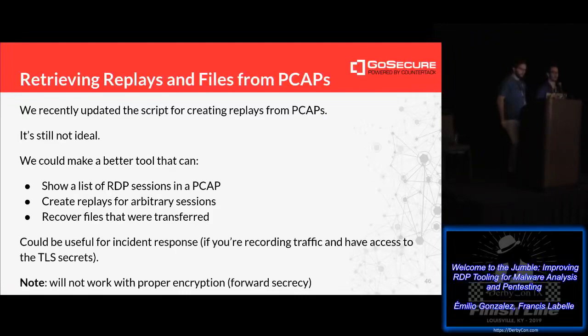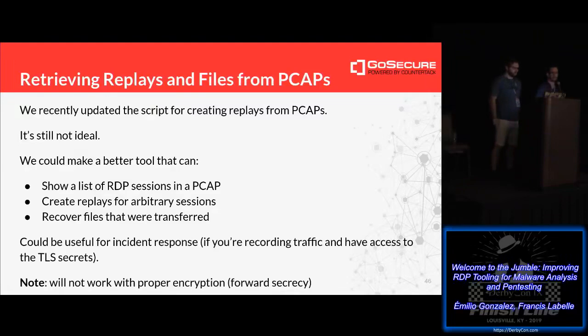Retrieving replays and files from PCAPs. As I said earlier, we built a script to rebuild replay from a PCAP, but we could do something that's more scalable, that takes PCAP as an input and necessary decryption material to list RDP sessions, recover files that were transferred, and create replays of sessions.